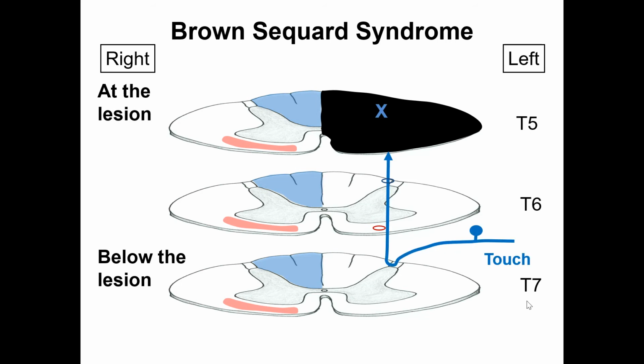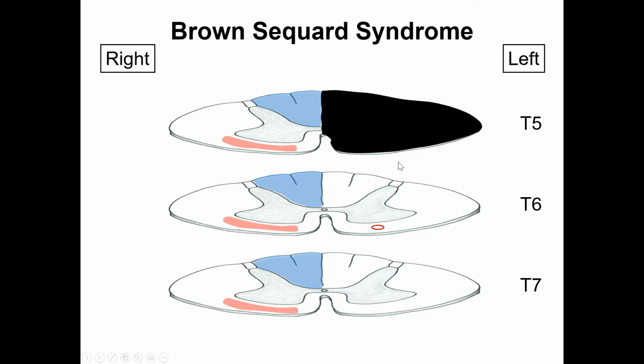Now, below the lesion, you also have a loss of touch because even though the information here can enter at the spinal cord, it cannot go through the damaged part of the spinal cord at the level. So you also lose ipsilateral touch below the lesion, right? And you lose contralateral pain below the lesion because here pain enters and tries to ascend on the contralateral side.